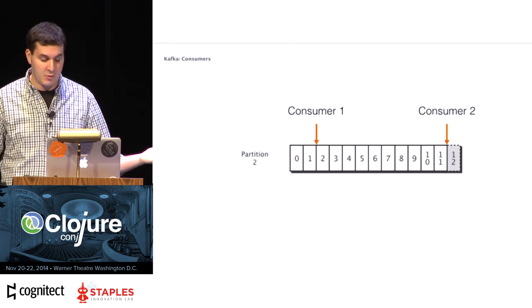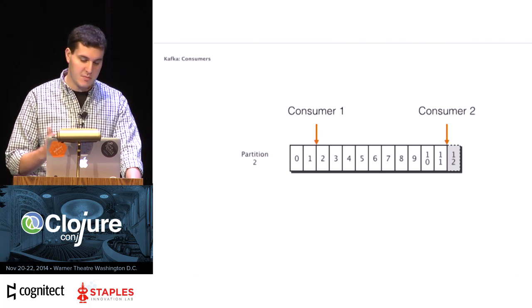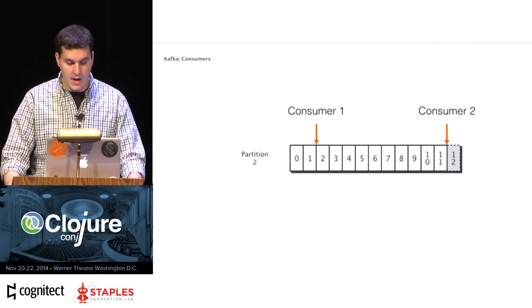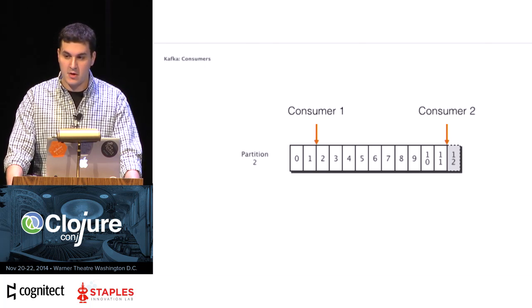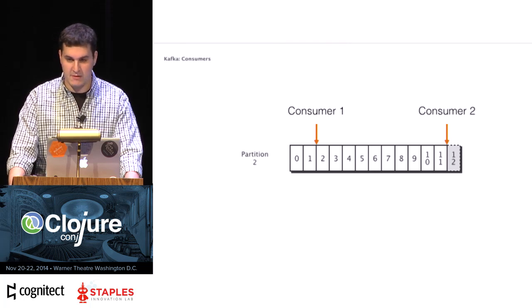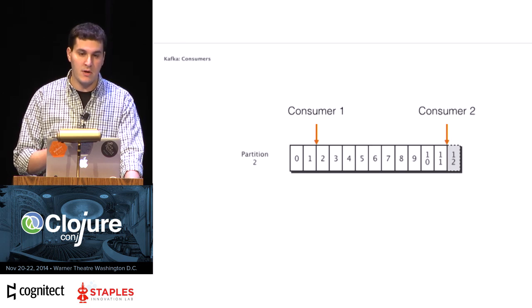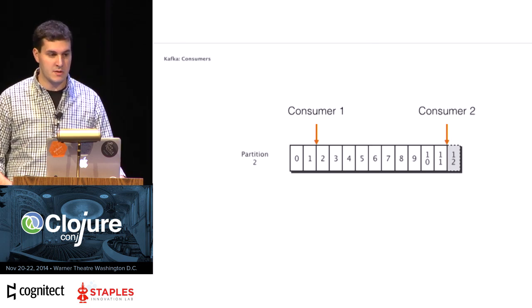Half an hour would be really bad for us, last 10 minutes, but I've consumed messages up through message 11, and I need to go back an hour in my data. So as consumer 2, I can actually just say, Kafka, give me messages starting at message 3 again, and rewind my stream and replay it back into my external system.